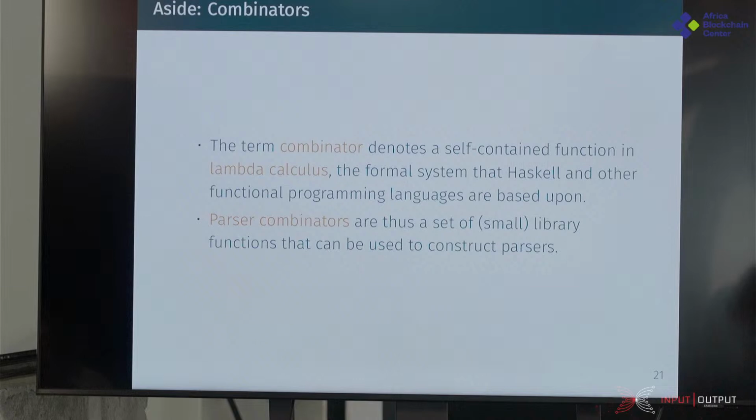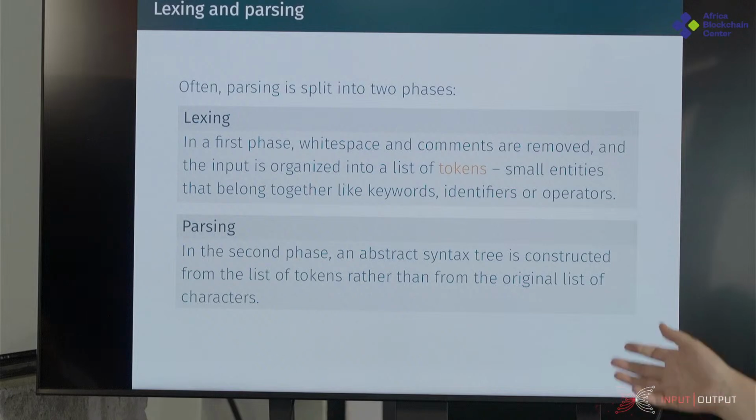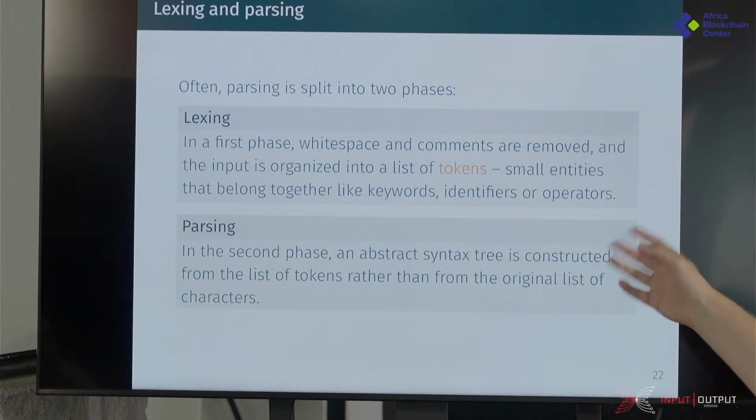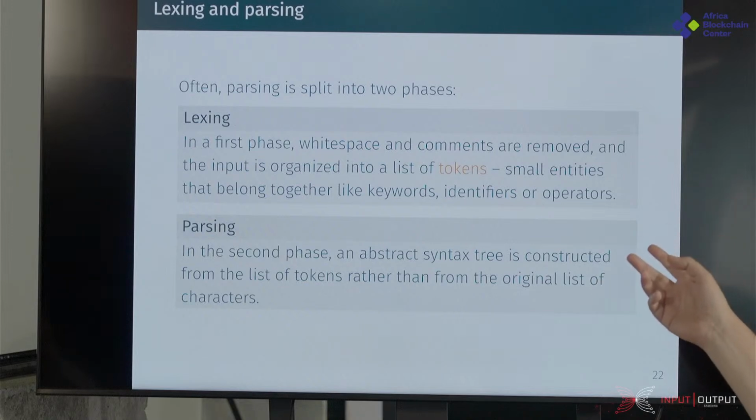And this is also not really important, just normally parsing is done traditionally in two steps, lexing and parsing. First you remove white space and comments, and organize your text into a stream of tokens.